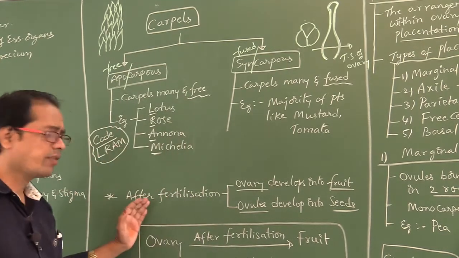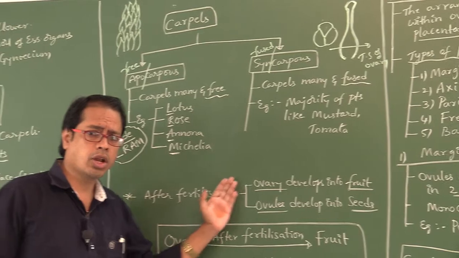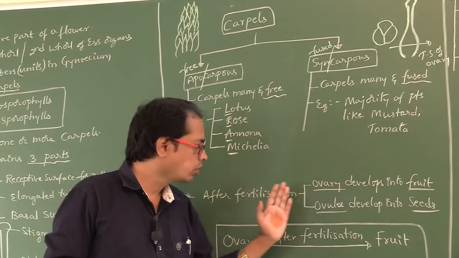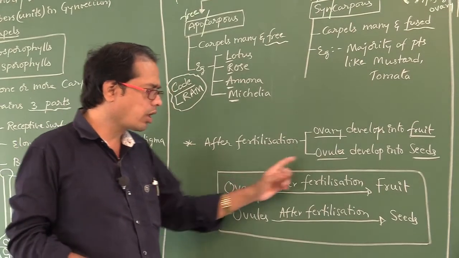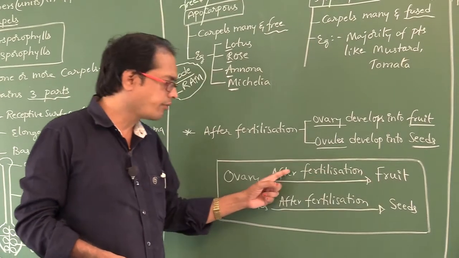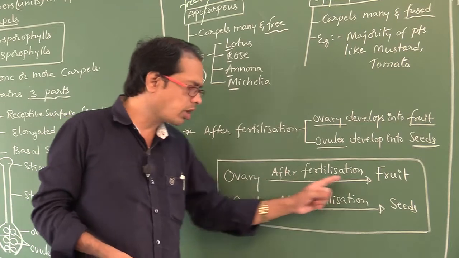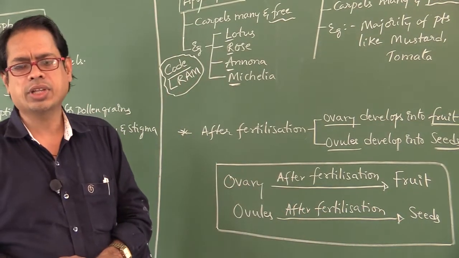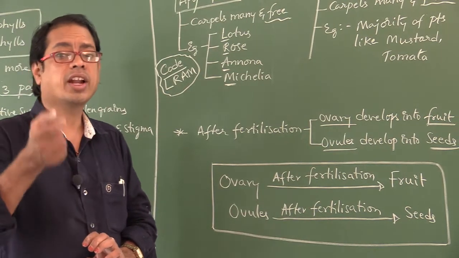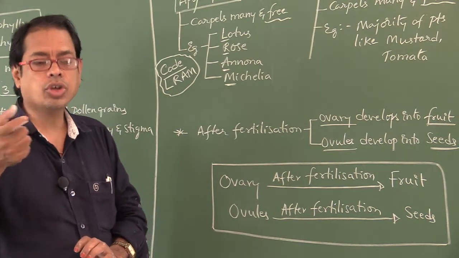Next, after fertilization, ovary will develop into fruit, and ovules develop into seeds. The plant group having ovary and seeds is angiosperms.